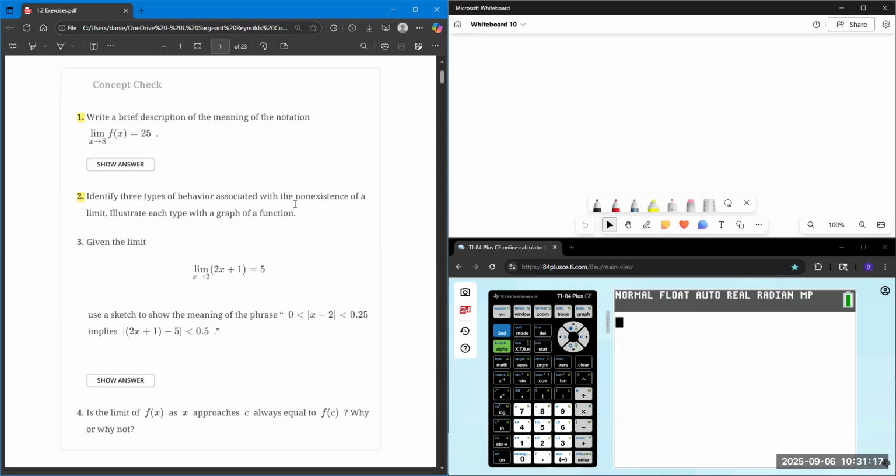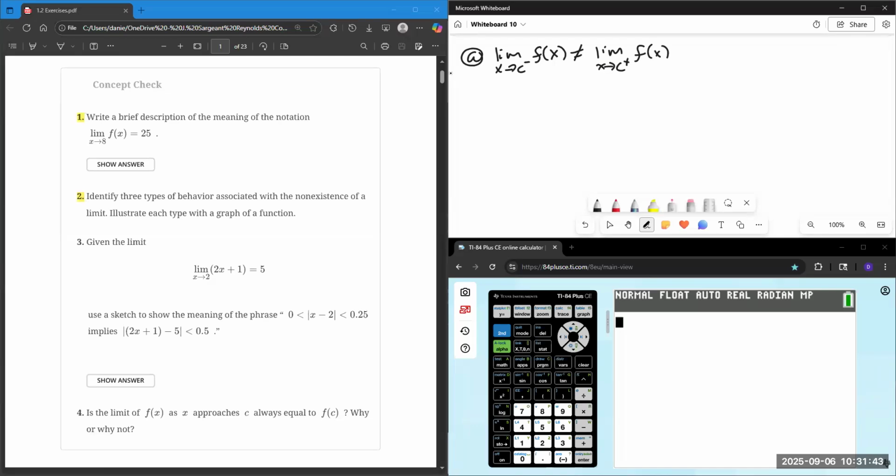So identify 3 types of behavior associated with the non-existence of a limit and illustrate each. Okay, so the first one is the limit as x approaches c from the left does not equal the limit as x approaches c from the right.